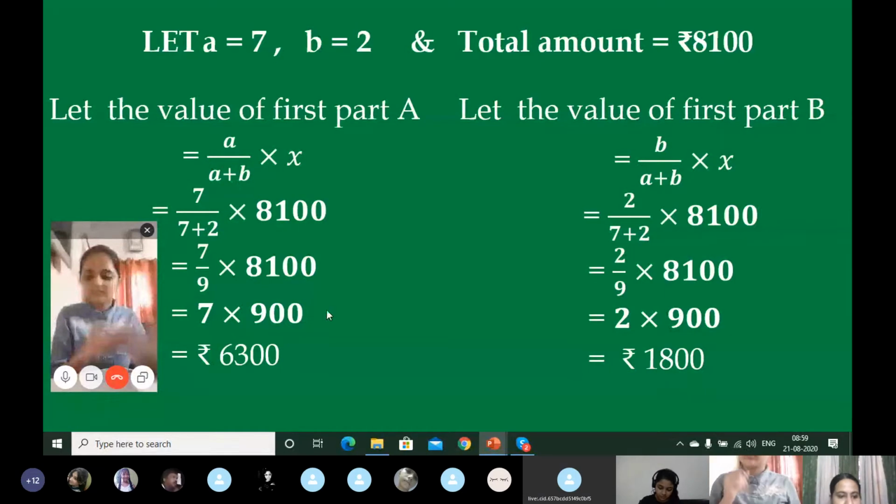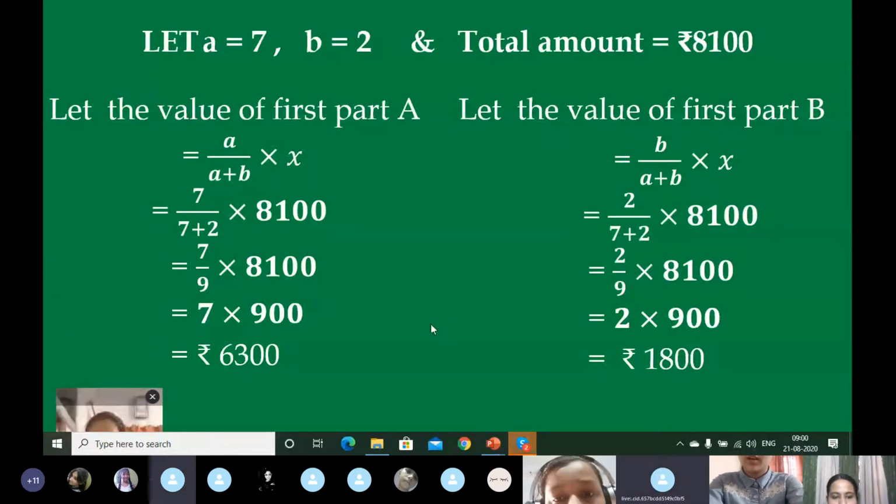For checking your answers, you can see if you add 6300 and 1800, you will get 8100. Are you getting or not? Check out. Yes, it's correct. So let's move ahead.